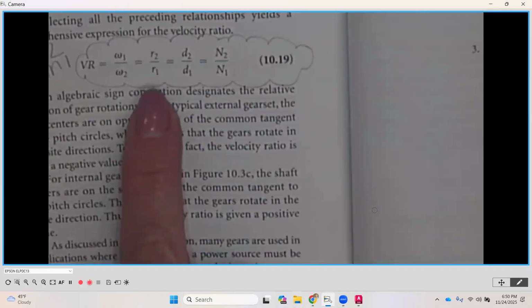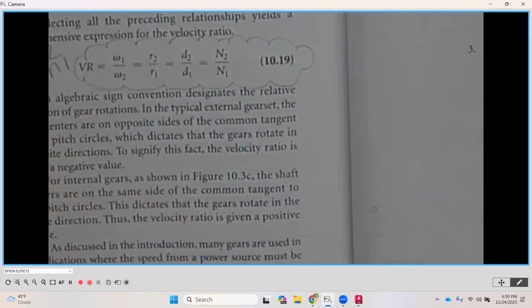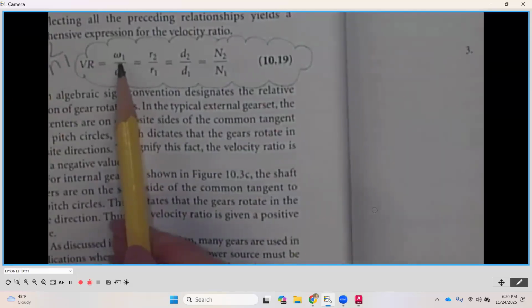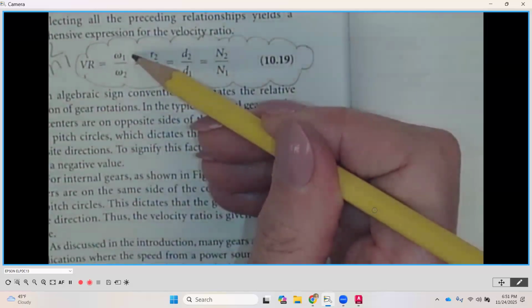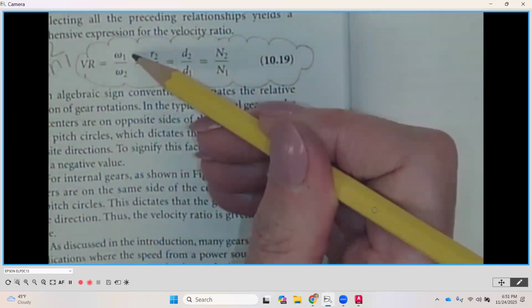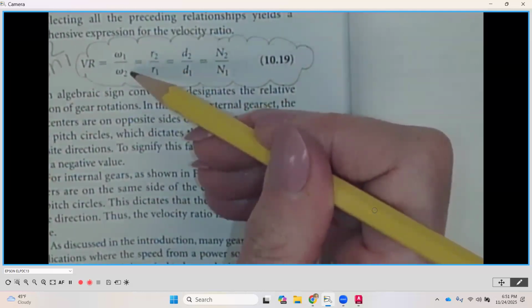But then we've got the radii, the diameters, and we can use the number of teeth. Something to note about the arrangement: notice that it's always the larger number on top. When we're looking at rotational speed, the faster moving gear is the pinion, because think of that as coming off a motor. The slower one is the larger gear.